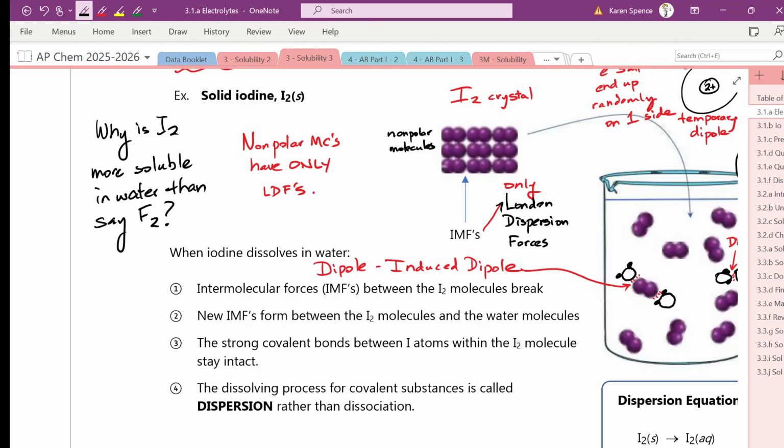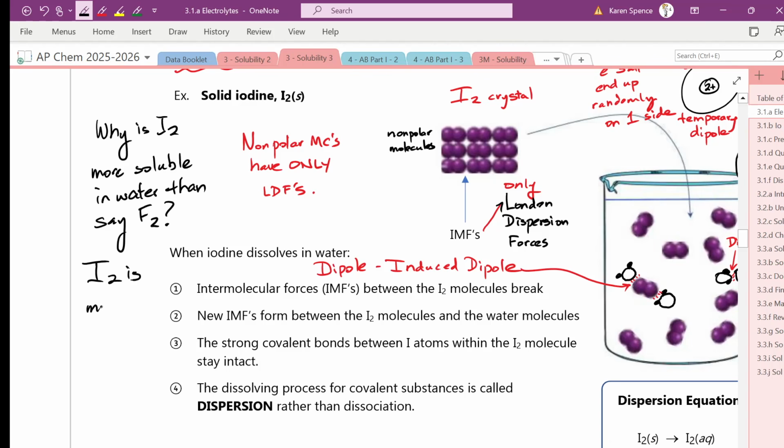If you have fluorine, you have 18 electrons. So the larger the electron cloud, the larger the temporary or induced dipole can be. Yes.